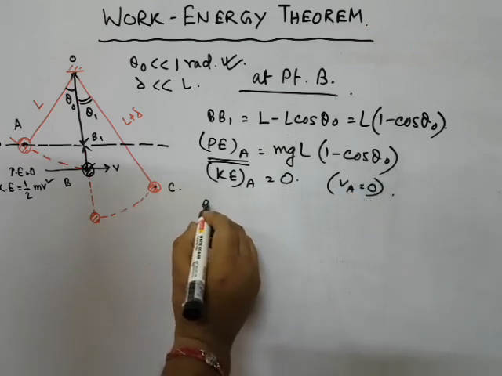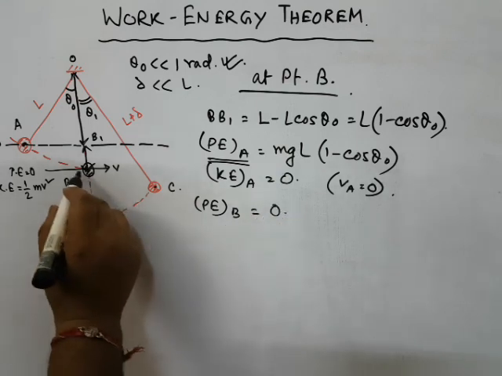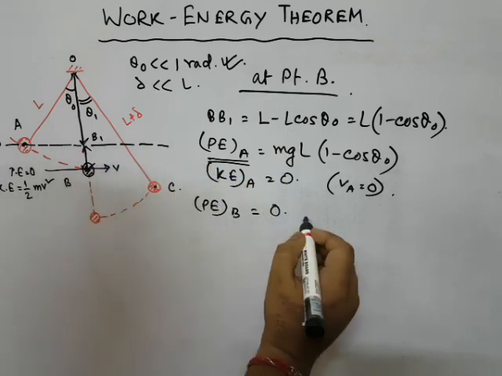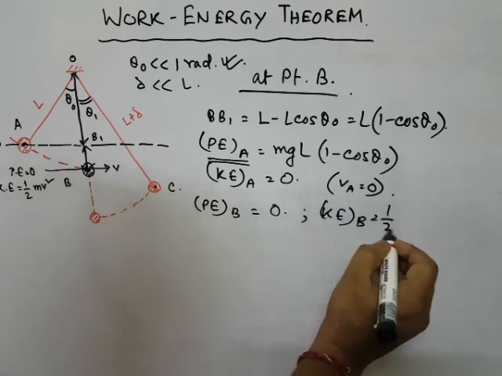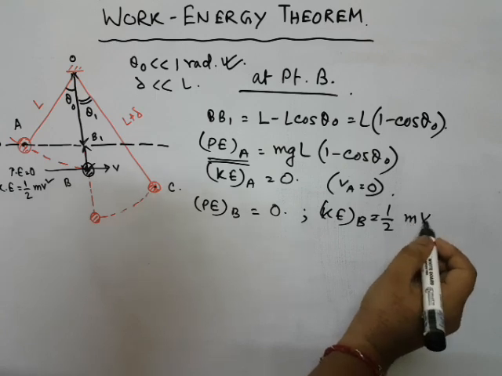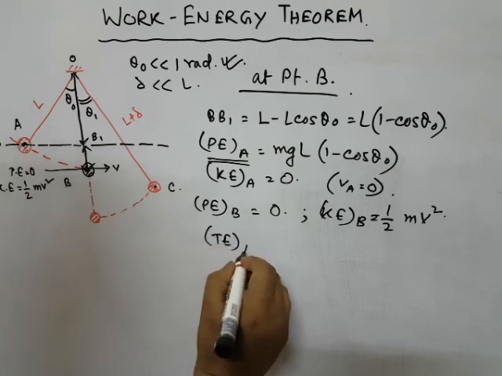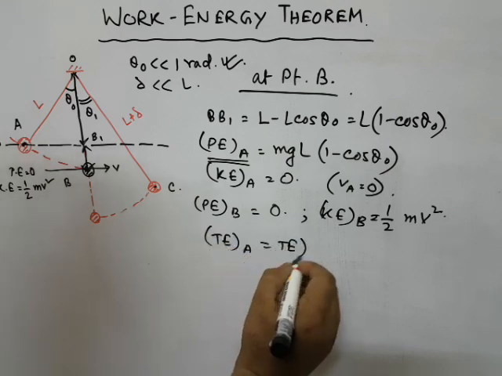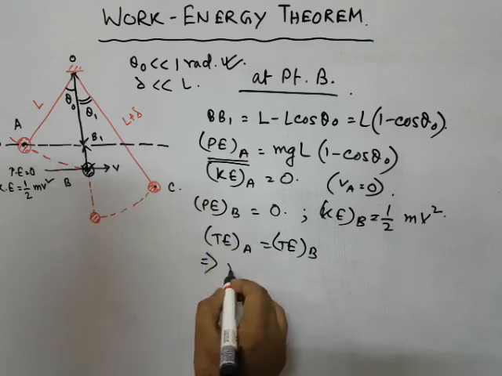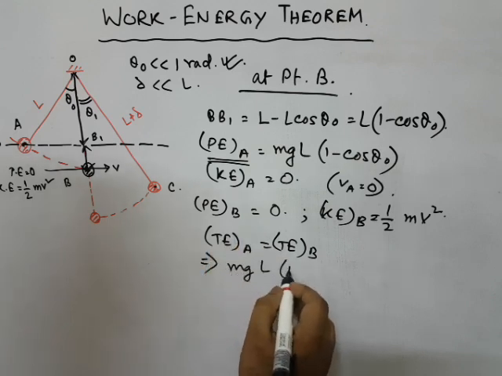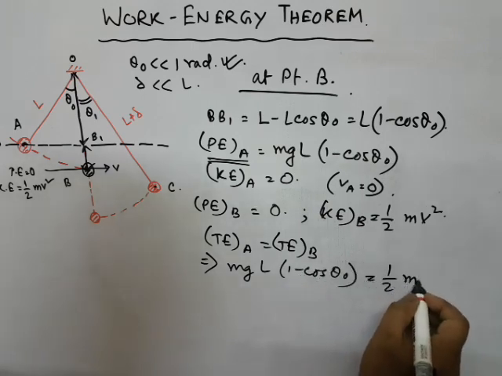Potential energy at B is 0 because we kept the reference point here, and kinetic energy at B is half mv square, with velocity v at B. So total energy at A equals total energy at B, giving mgL(1 minus cos theta naught) equals half mv square.